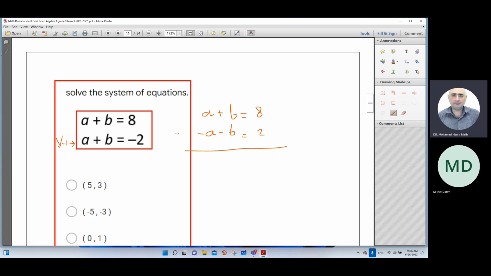Then if you add, plus a minus a is 0, plus b minus b is 0, so it means you have 0 on this side, and 8 plus 2 will be 10. Is 0 equal to 10? No, this is not a right equation. This is wrong. When you get a wrong equation, it means no solution. No solution.